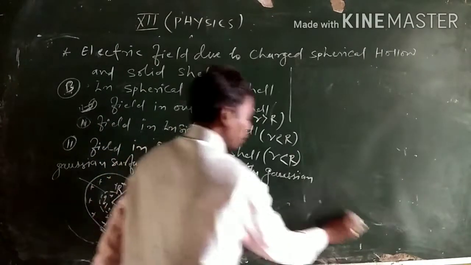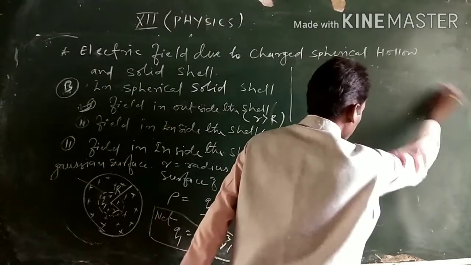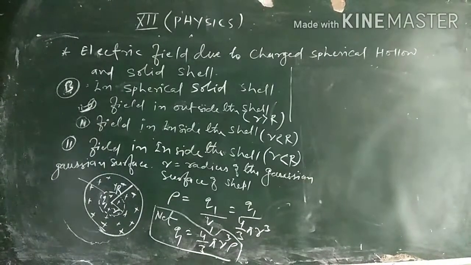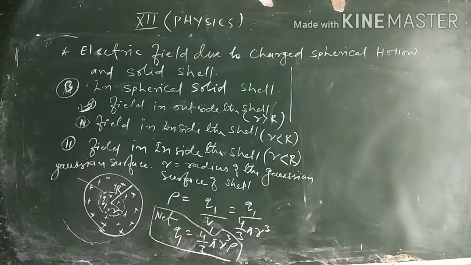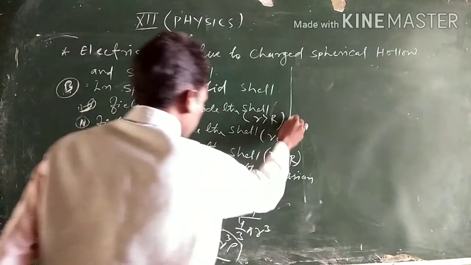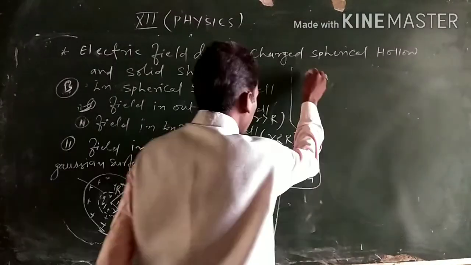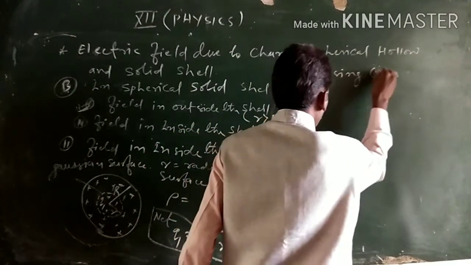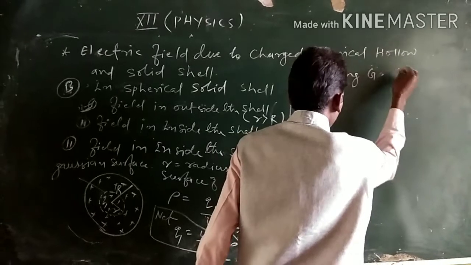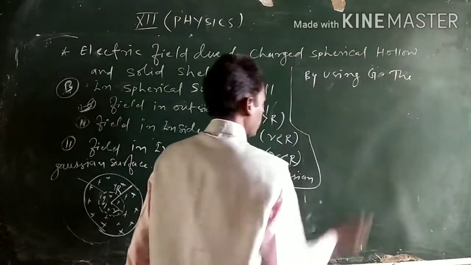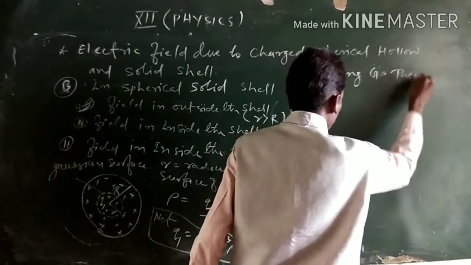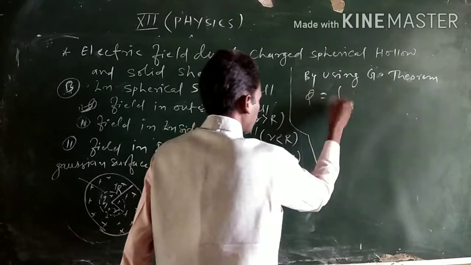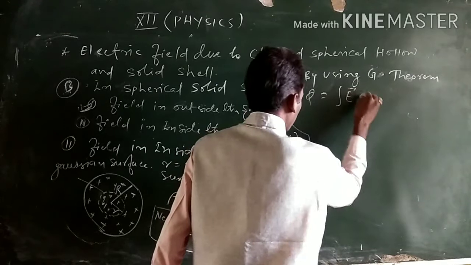Next, by using the Gauss theorem, that means phi is equal to the integration of E dot ds.